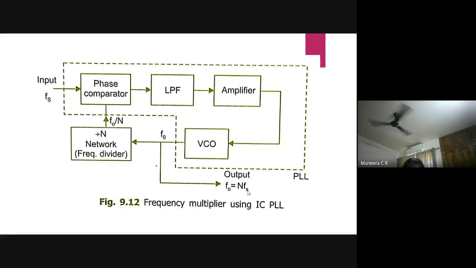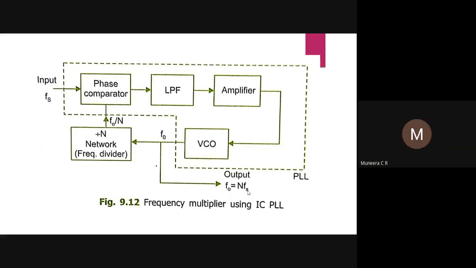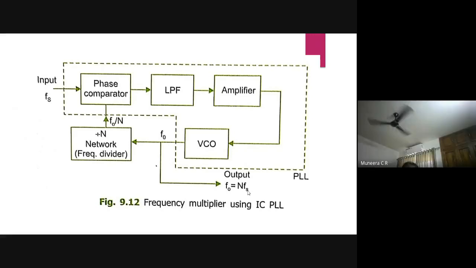The same circuit can be used for frequency divider also. For that, we have to select a higher harmonic of the incoming signal frequency at the output of the VCO. As I told you earlier, the output of the VCO is a square wave, so it is rich in harmonics, so that you can select a higher harmonic, let it be m times Fs.